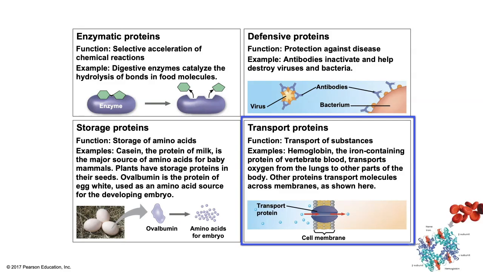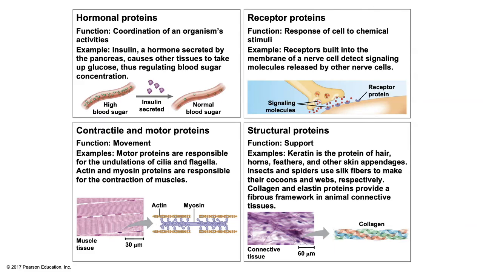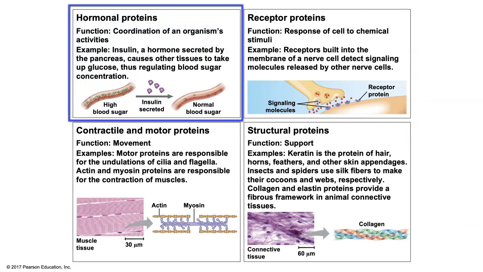Hemoglobin in the blood, for example, carries oxygen from the lungs to all the other parts of our body for cellular respiration. Hormonal proteins such as insulin are secreted into the bloodstream to coordinate an organism's activities. Hormones are a crucial part of maintaining homeostasis, for example, in regulating blood glucose levels.